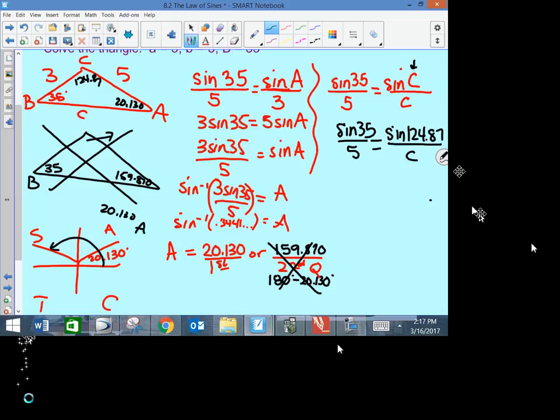Over C. Okay? If you're not very organized, this is not going to be good for you. So you got to stay organized. You can't just vomit all over the page and expect people to follow your work. Okay? So go ahead and finish that.